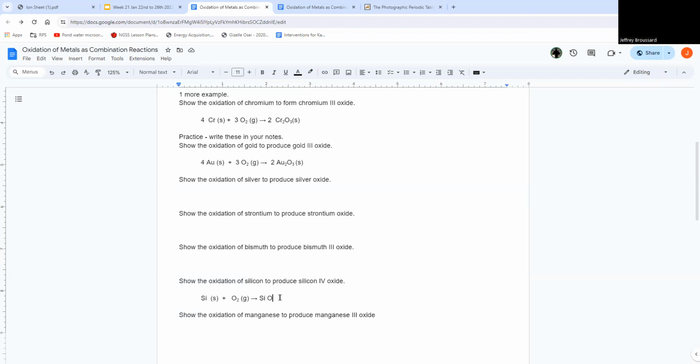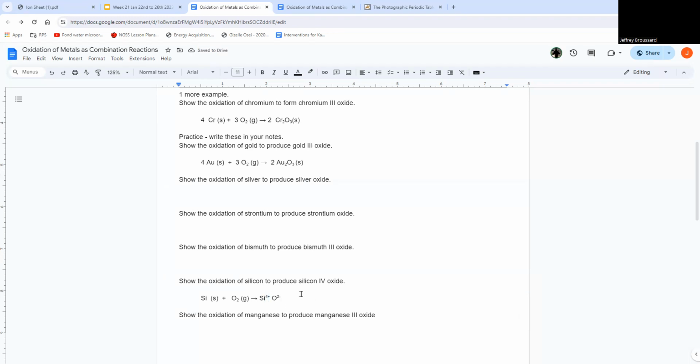What's the charge on oxygen? It's 2 negative. What's the charge on silicon? It's 4 positive, according to this Roman numeral. And a little reminder, where did 2 negative come from for oxygen? Its position in the group number in the periodic table. So I'm going to write 4 positive for this silicon atom there.